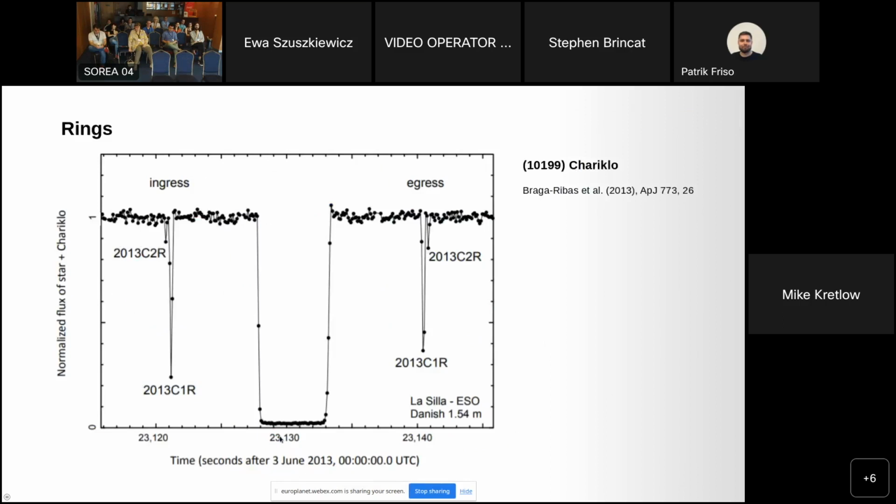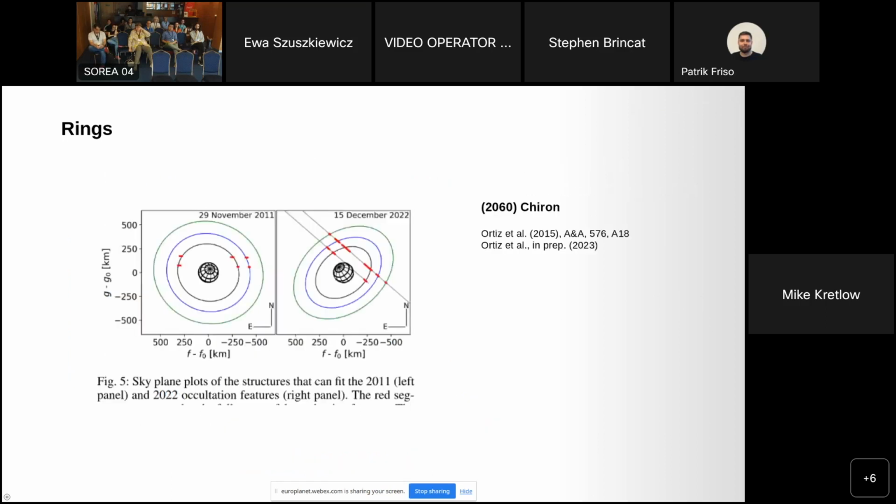You see again a light curve here of an occultation by the large centaur Chariklo. As you see, you have secondary events here, these dips. It turns out that these are very probably rings around Chariklo, and that was the discovery occultation of this ring system. The same happens for another centaur called Chiron.